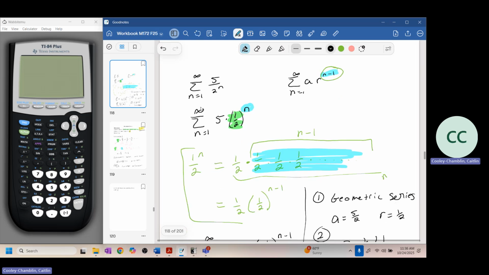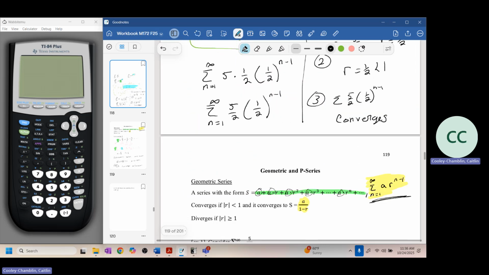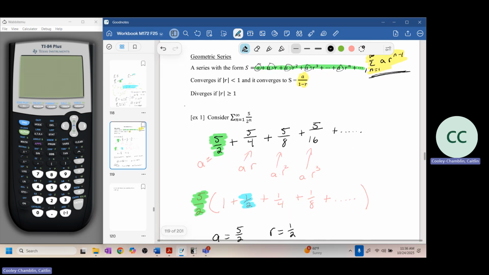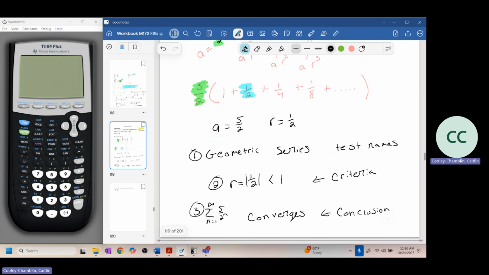I always found it easier to work using the summation. Some people find it easier to stretch it out and pull what you need out, so have your a up front, and then notice that you're having 1 plus your r plus your r squared plus your r cubed, and going on like that.